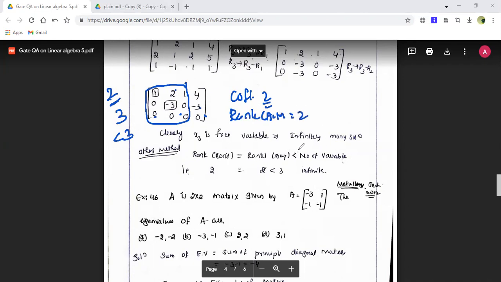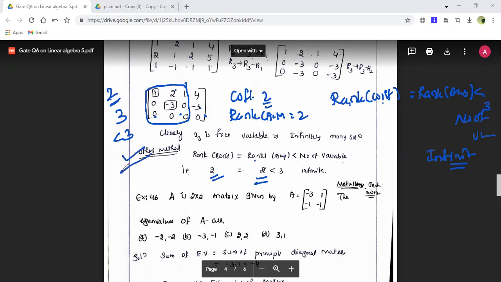According to the property, if the rank of the coefficient matrix is equal to the rank of the augmented matrix, which is less than the number of variables, then the solution is infinite. Now the rank of the coefficient matrix is 2 and the rank of the augmented matrix is 2, but the number of variables are x, y, z, which is 3. Therefore it has an infinite number of solutions.